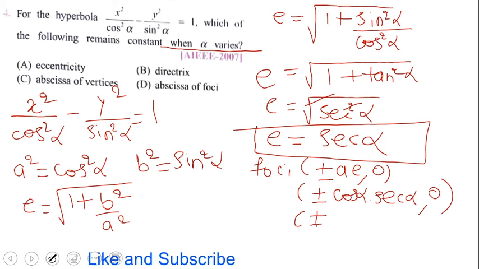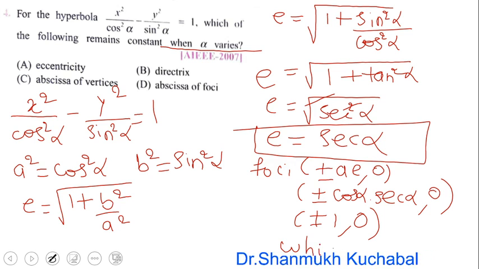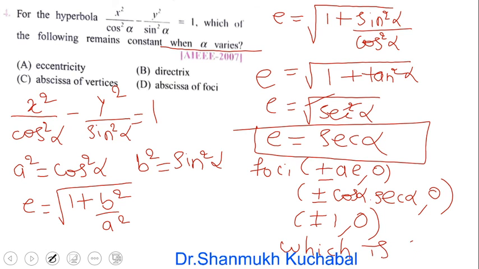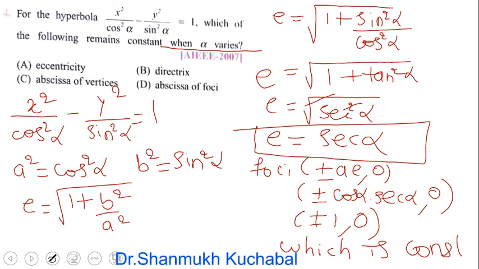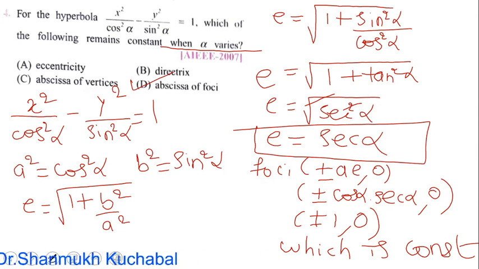It is a very easy trigonometric function. Cos and sec are reciprocals of one another, they cancel, and we get (1, 0). So we observe that the foci is constant. Which is a constant function. Therefore option D is the right answer here.